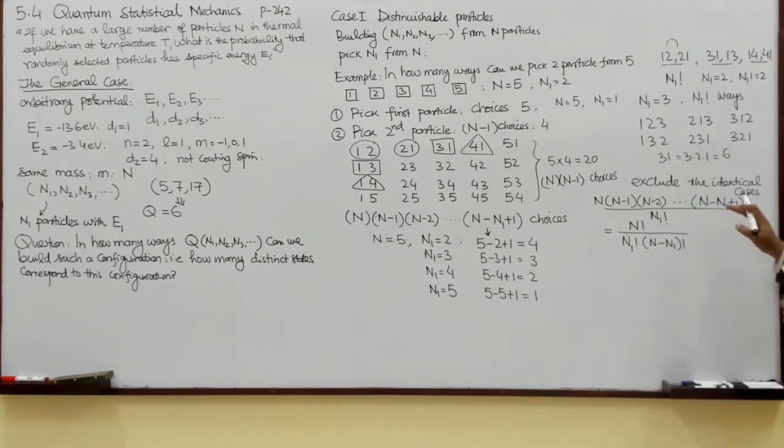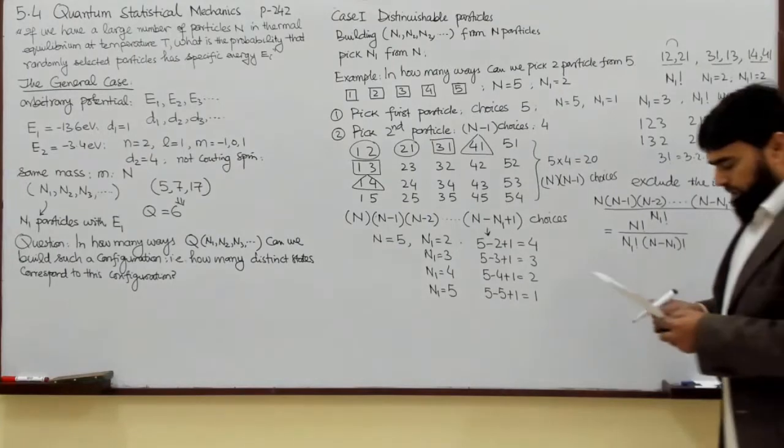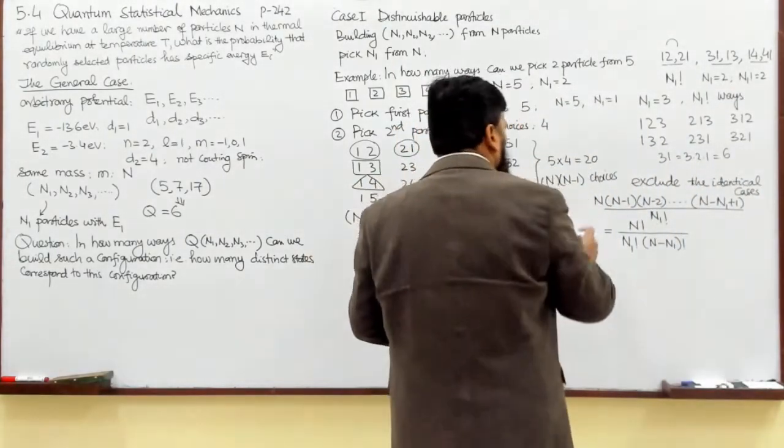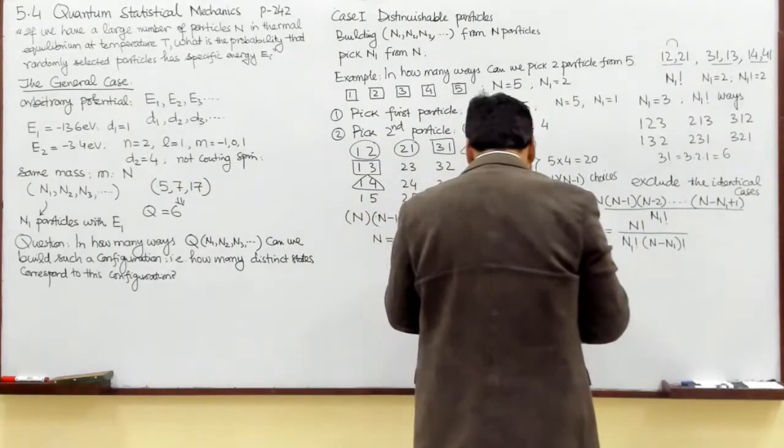Now the question is, can I write this relation in this form? So I will have to prove this, that yes, this can be written in this way. So let's prove this one, that we can write this result in this form.